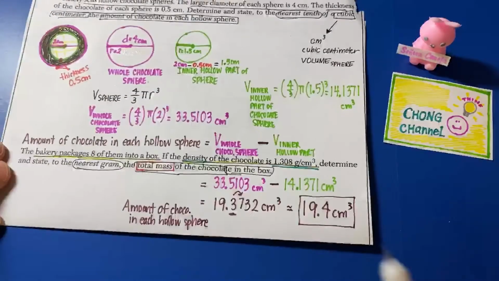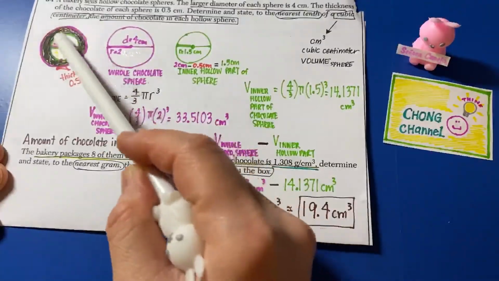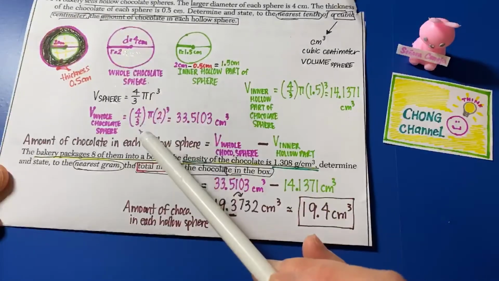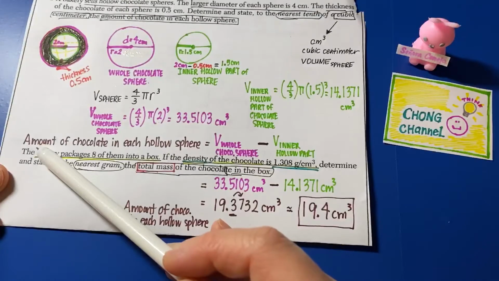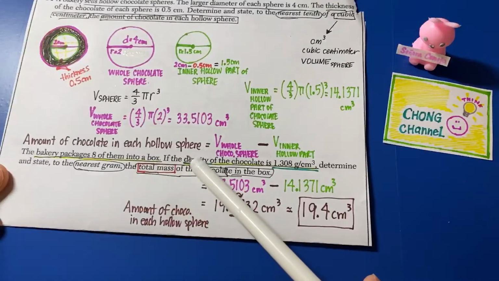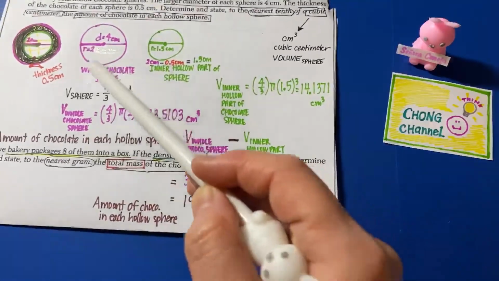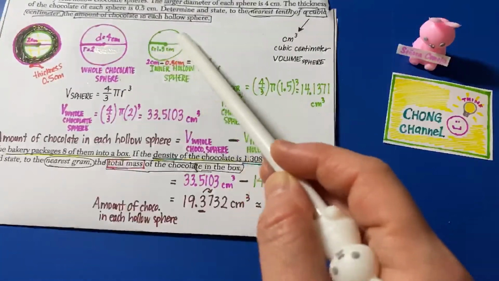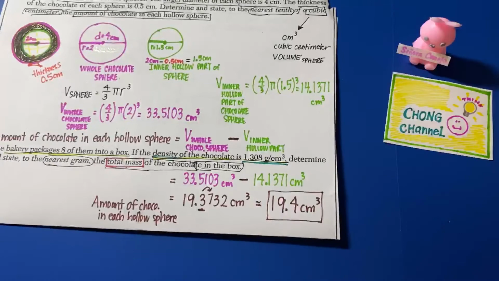Now, remember, we have the whole chocolate, which we colored in pink. So if I wanted to find the amount of chocolate in each hollow sphere, it really means the whole chocolate sphere subtract the volume of the inner hollow part.